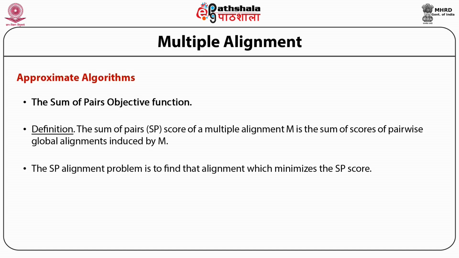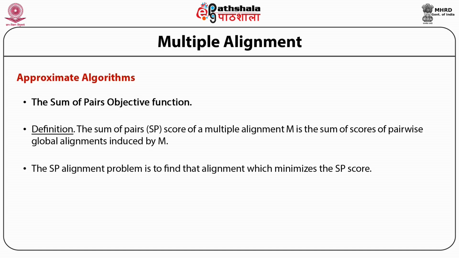Each pair, suppose a 2-sequence alignment was done and the best alignment score was obtained, say S is that alignment. The sum of that would be the best possible alignment that you can get. The sum of the scores of all the pairs that you can make would obviously be the highest possible score that you can get.